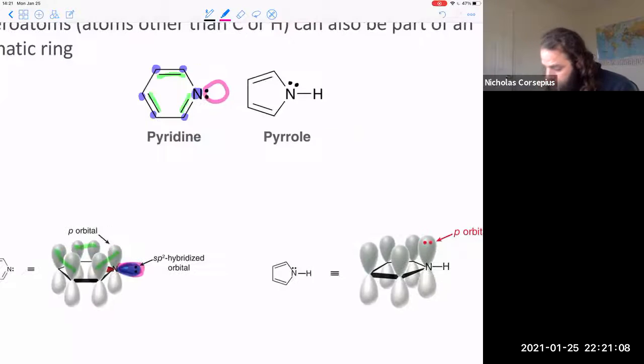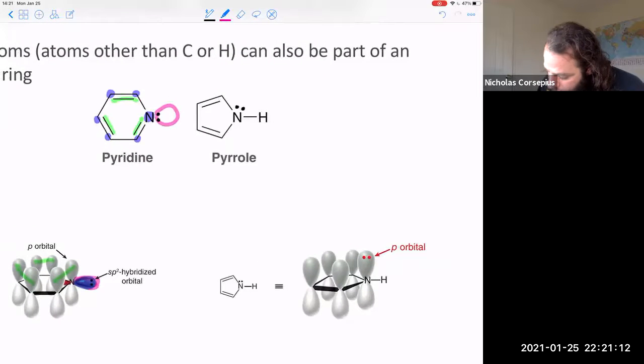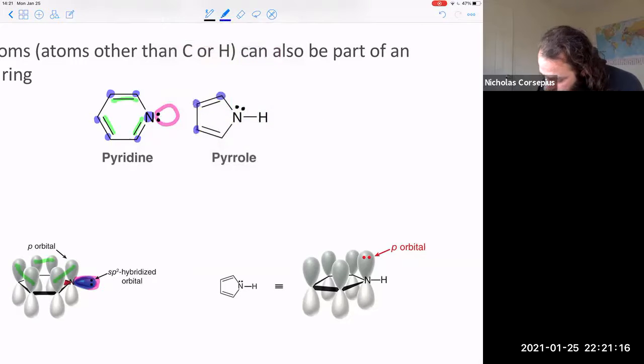So now let's go on to pyrrole. We know that these are all sp2 hybridized. This is an example just like ammonia, where just by doing the counting rules that we learned in general chemistry or at the very beginning of the first semester, we might expect this to be sp3 hybridized.